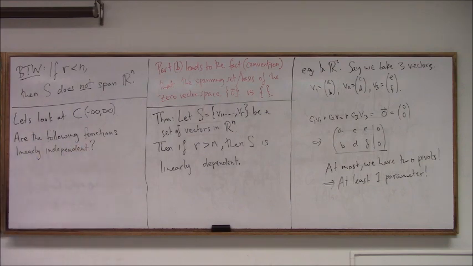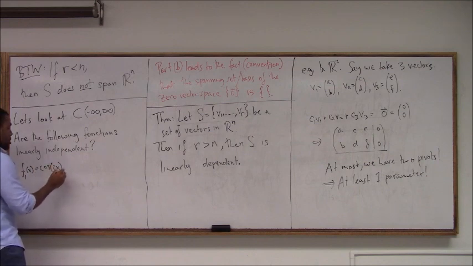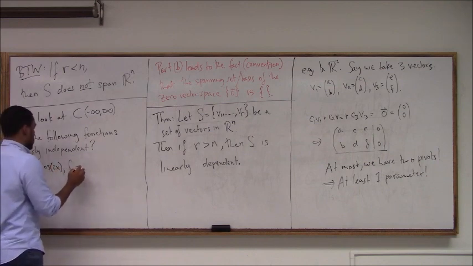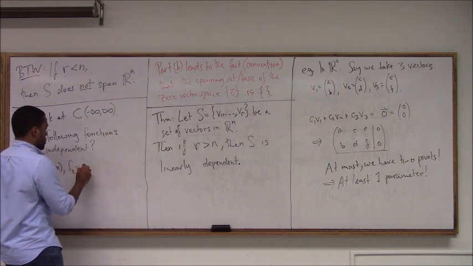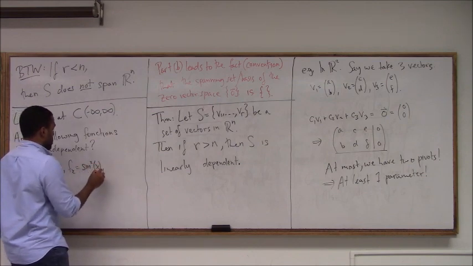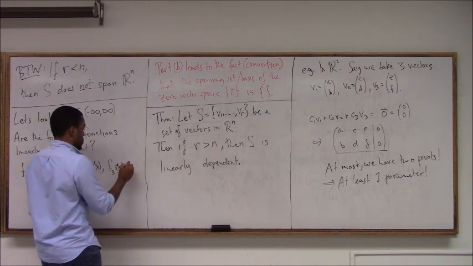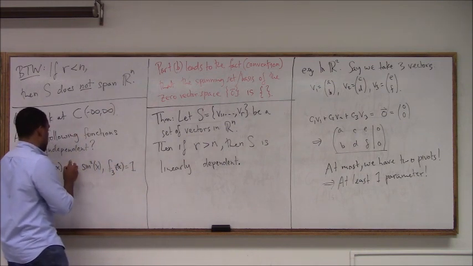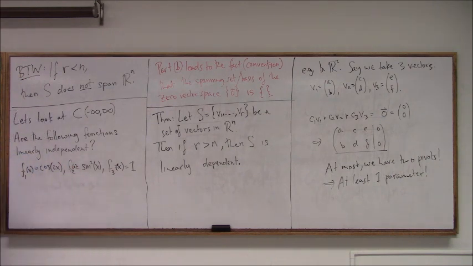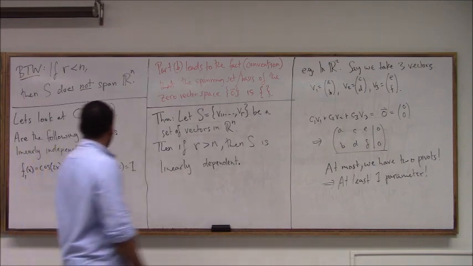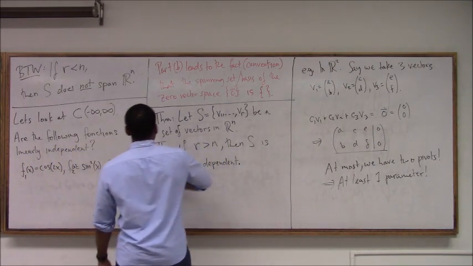So let's say I gave you 3 functions to consider. One function of x is cosine of 2x. The other function of x is sine squared of x. The third function of x is 1. Linearly independent or dependent?